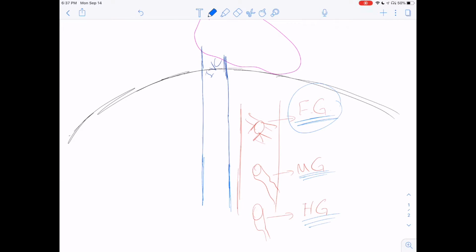When it goes to the foregut, it's going to come back here to the IVC, and then go back to the heart. Well, that is kind of true, and that's kind of not true.